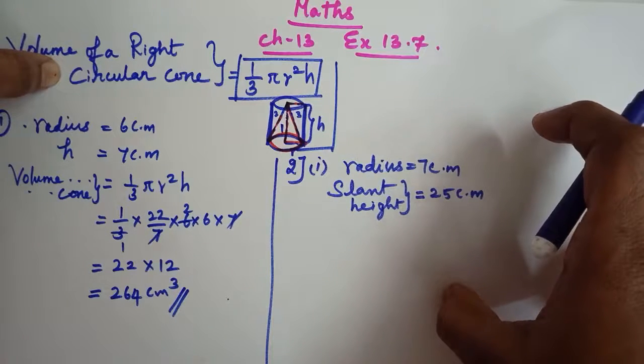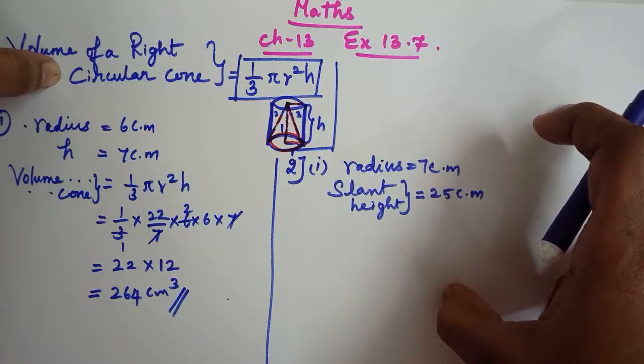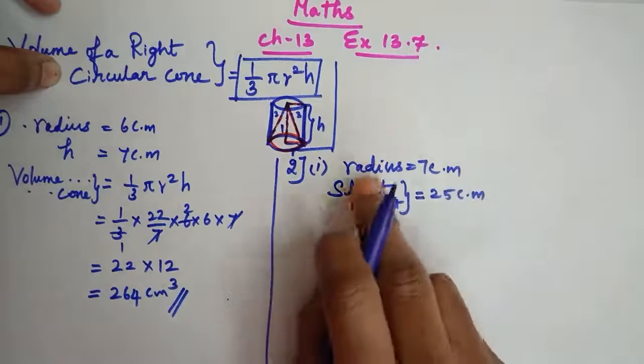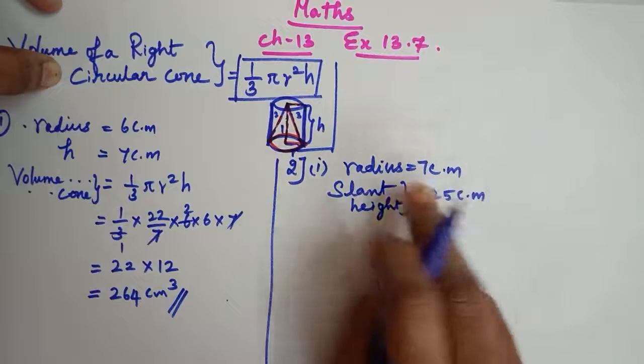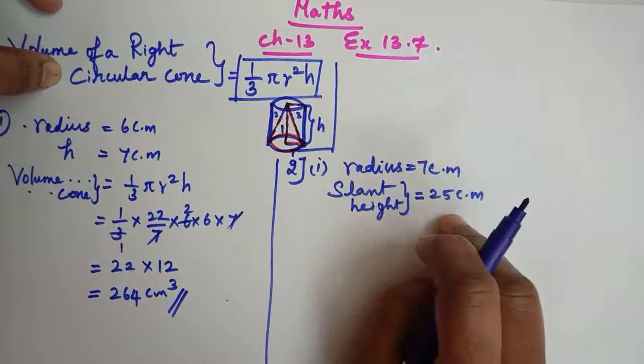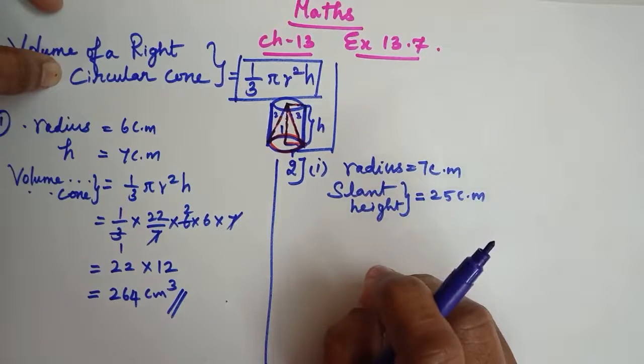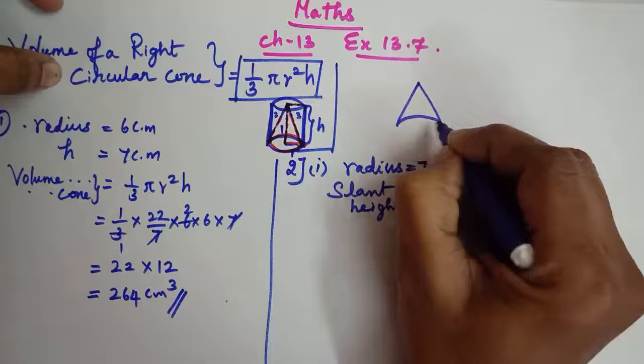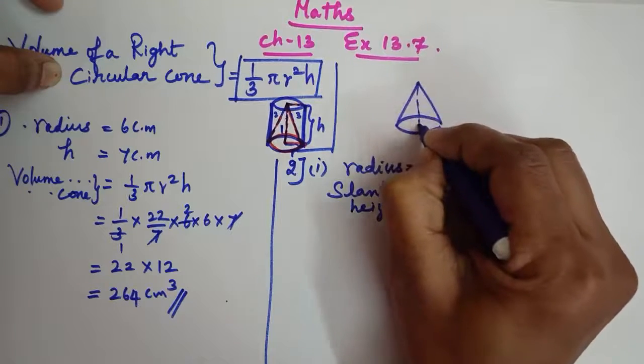First, for this we have to find the capacity of the cone. The capacity or volume of the cone is 1 by 3 pi r squared h, okay students. So here we have radius and slant height, but we don't know the height.